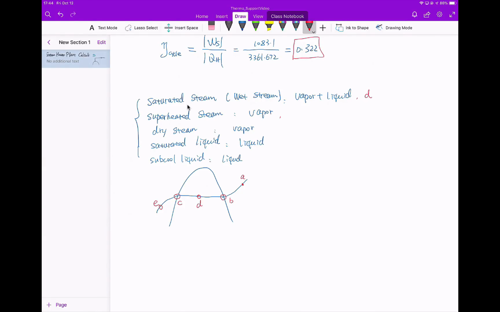Lowercase a, b, c, d, e. Superheated would be A. Dry steam is over there for the vapor, would be B. Saturated liquid is the liquid itself, but at the saturation line is C. This would be D.